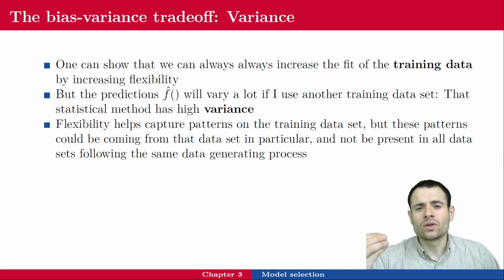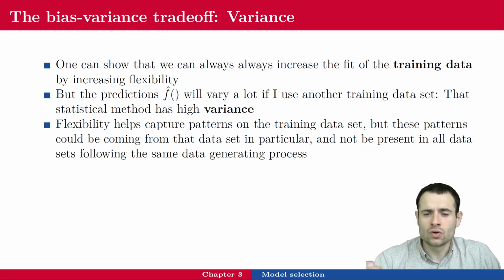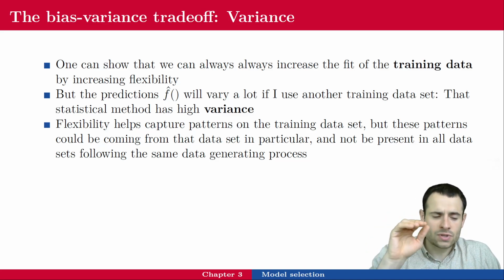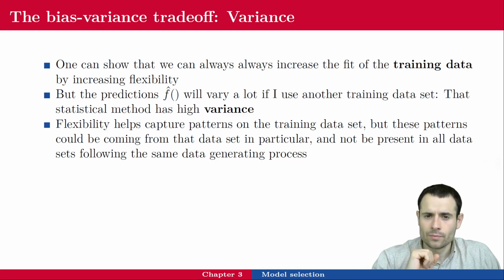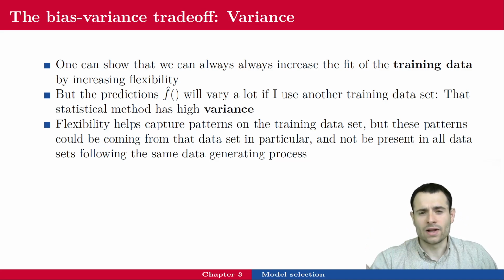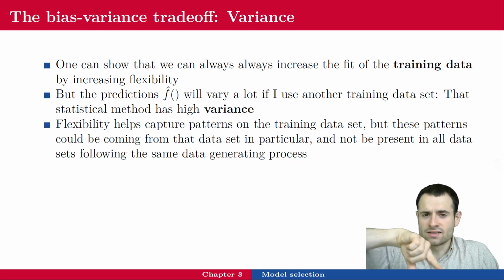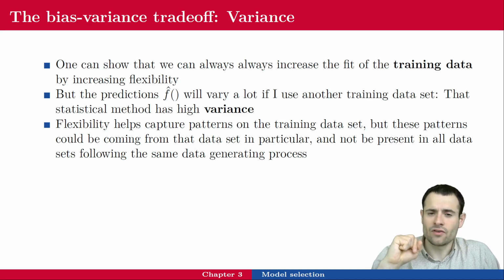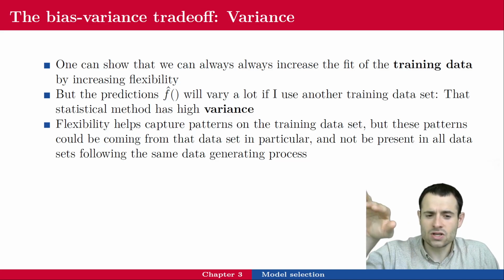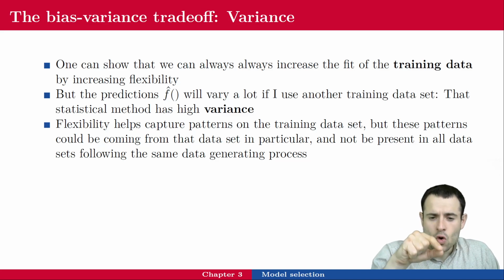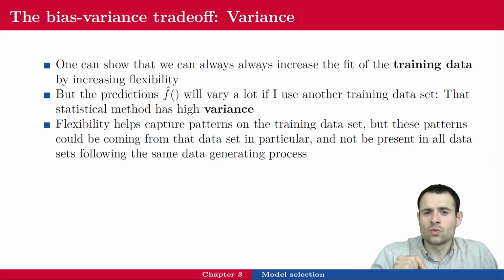This is the pattern we don't care about. This pattern is due to the error terms of that particular sample. We care about the general pattern. Is it a parabola? Is it a straight line? Is it more periodical, like a sine function? Is it like an exponential function? We do not want to pick the random patterns which are around that general pattern.